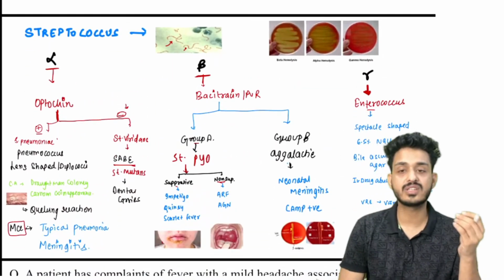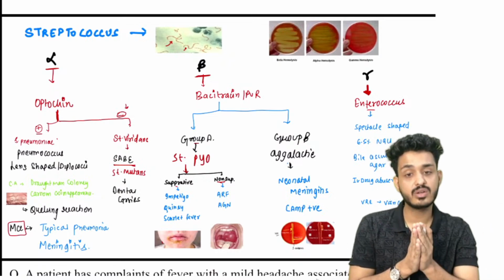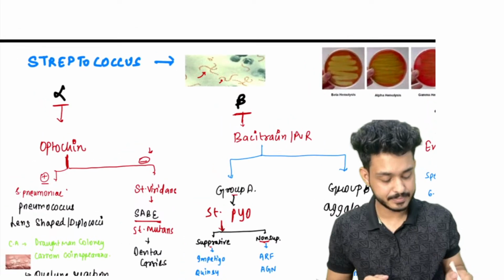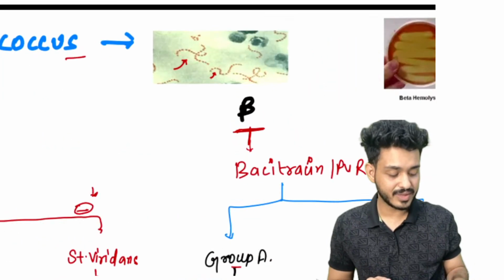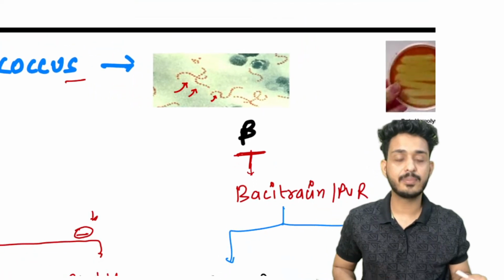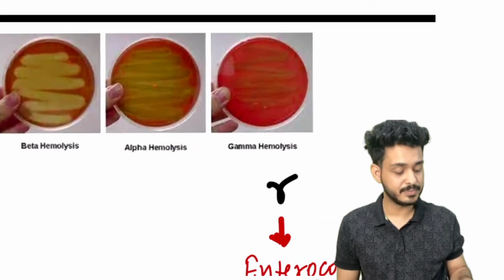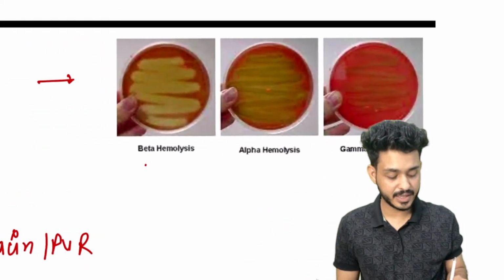Let's see how streptococcus is getting divided. Streptococcus will be present in the form of chains, and they are divided on the basis of hemolysis. We are having beta hemolysis. Beta means complete hemolysis.